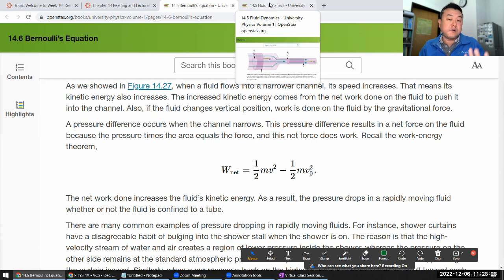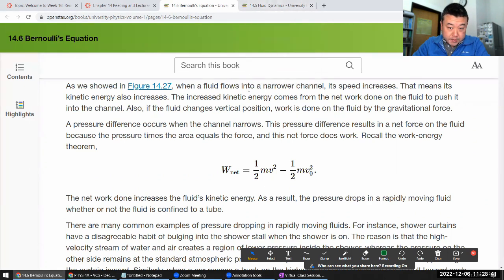The speed of the flowing fluid increasing, that's dictated by properties of the fluid and geometric constraints on it. So when a fluid flows into a narrow channel, its speed increases. That means its kinetic energy also increases. The increased kinetic energy comes from the net work done on the fluid to push it into the channel, right?